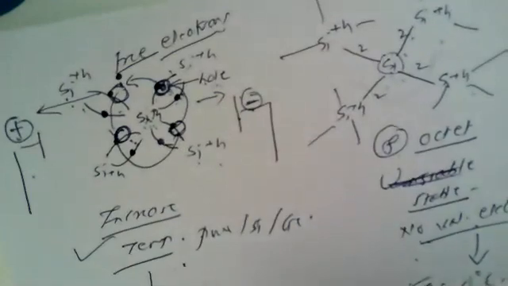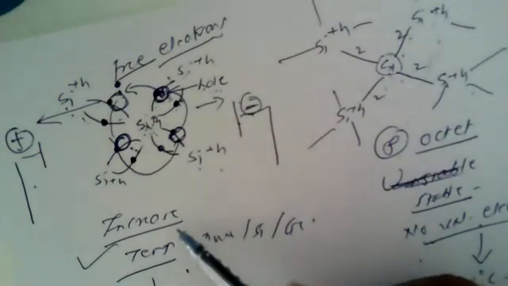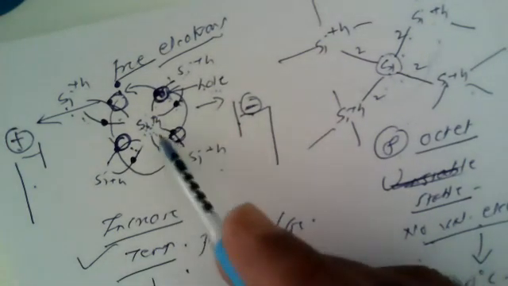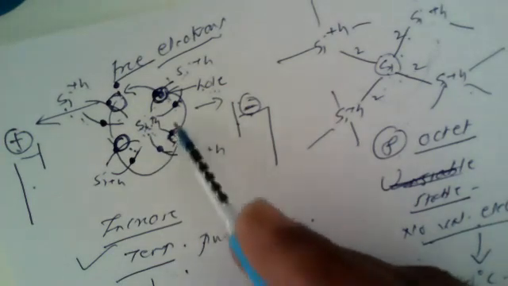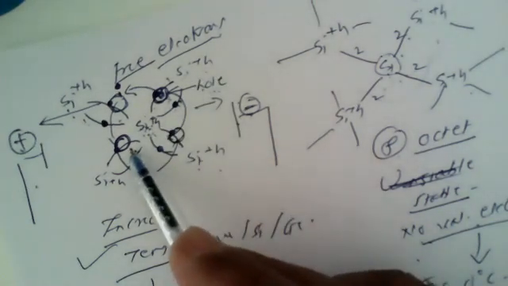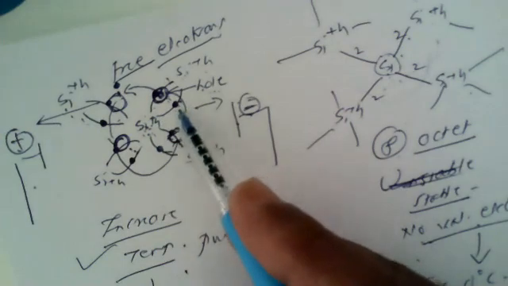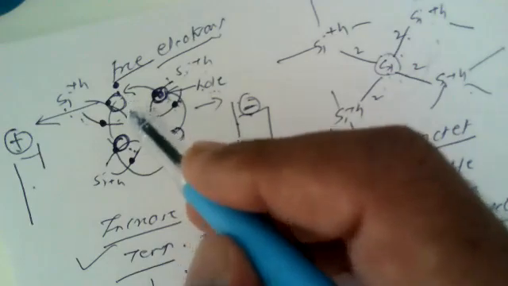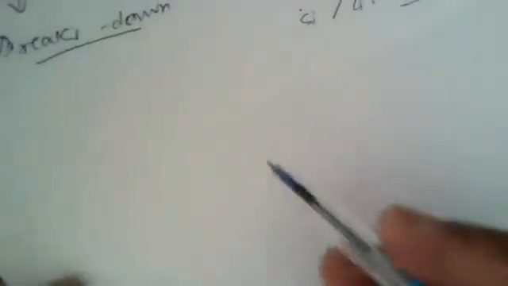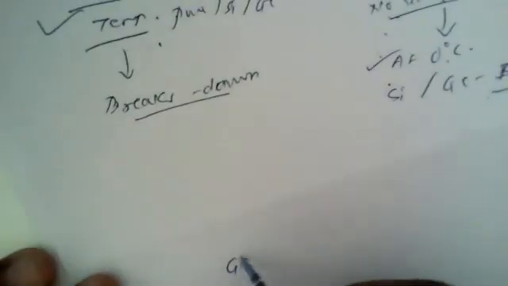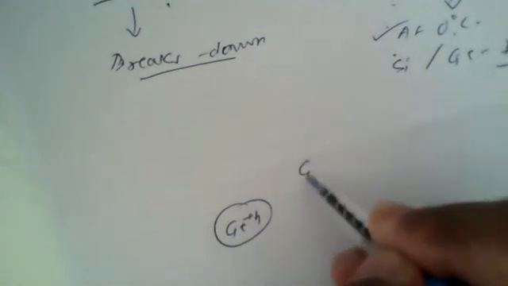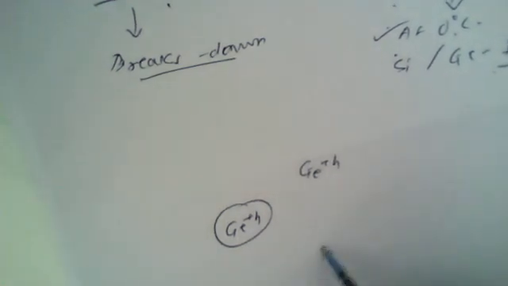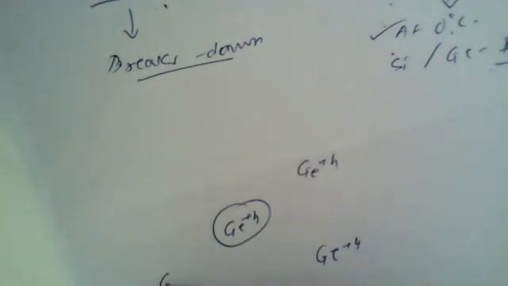But as the temperature increases, due to the increase in temperature, the strong covalent bonds between successive silicon atoms break down, and one of the electrons moves inside the crystal lattice of either silicon or germanium. Or if we want to show the same situation with germanium, germanium is also tetravalent, so it is also surrounded by 4 germanium atoms like this.